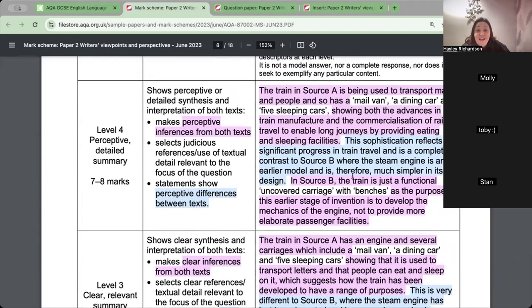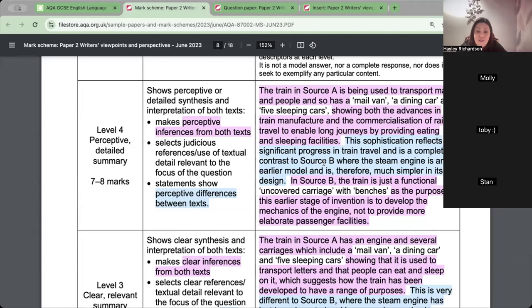But then here, it's talking much more about the historical side, much more about the development, and also how the function of the train has changed. Not just saying it's developed. It's not just an undeveloped train and then a developed train. It's an underdeveloped train, or a new idea, developed into not only an amazing train, but also a train that has another function, which is to serve its passengers by having a food train and sleeping arrangements and things like that.